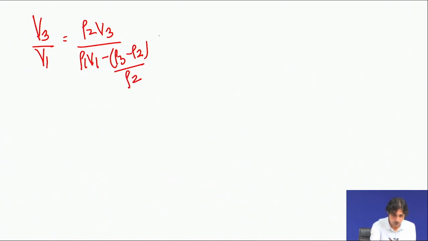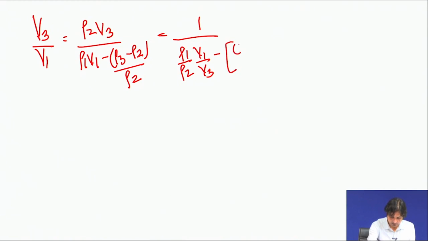Okay, or 1 by rho 2 V1 by V3 minus rho 3, so rho 3 minus rho 2 divided by rho 2.